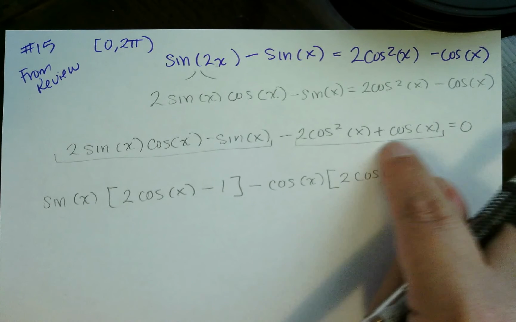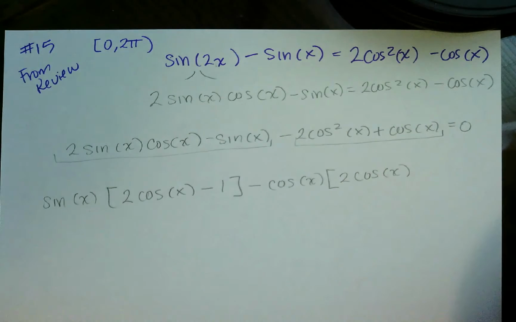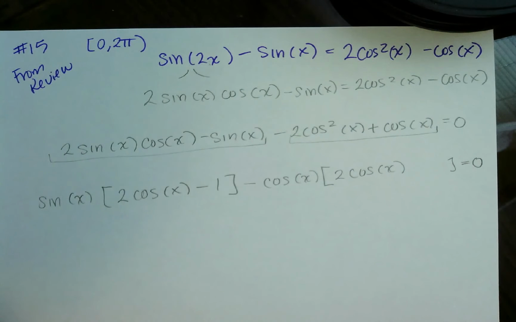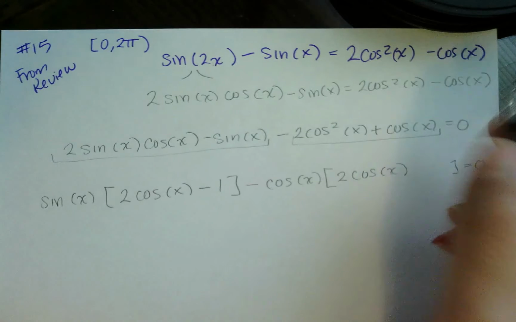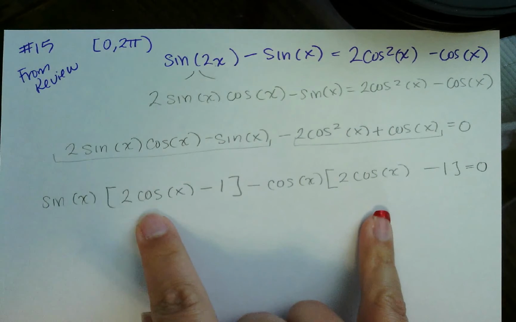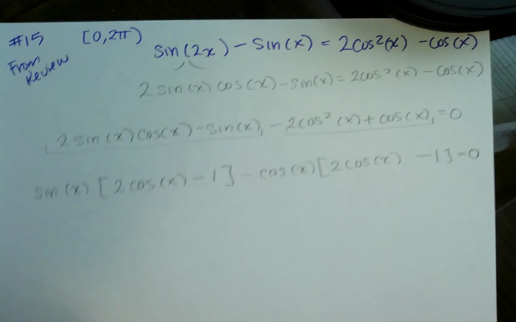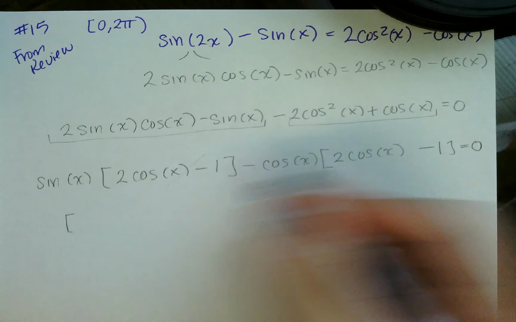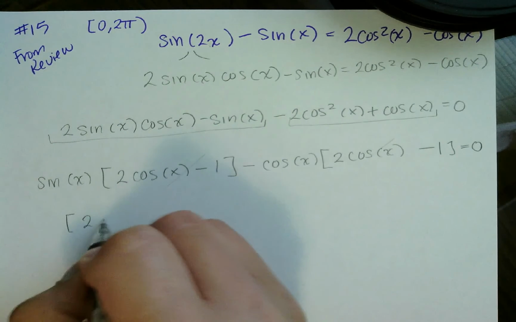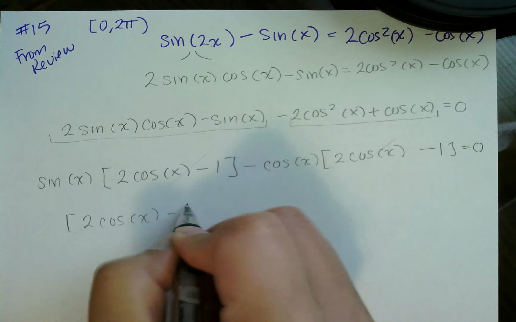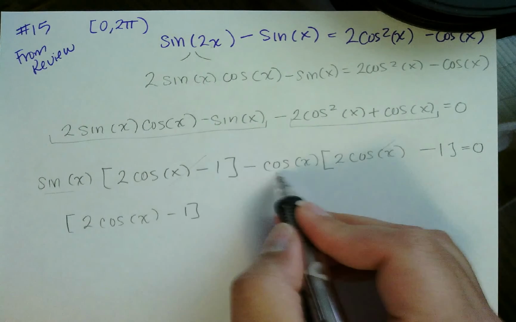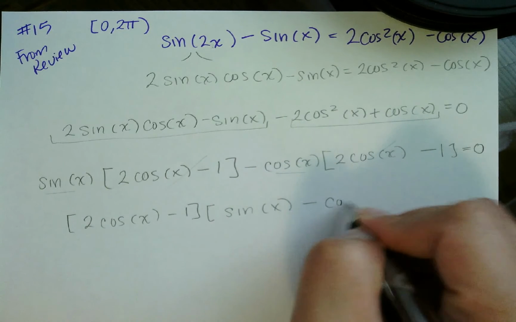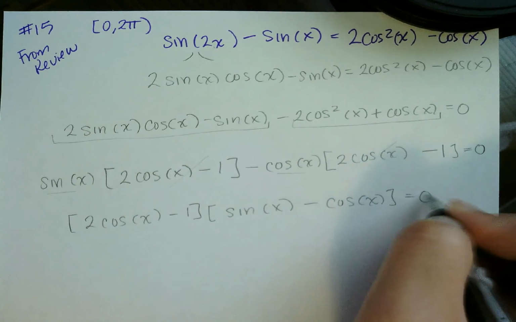And then if I took out a negative cosine of x here, what's left? Negative 1. Yep. And look at, yay, they match. So what they have in common is this guy. I'm going to pull that out. 2 cosine of x minus 1 is what they have in common, and I'm left with times sine of x minus cosine of x equals 0.